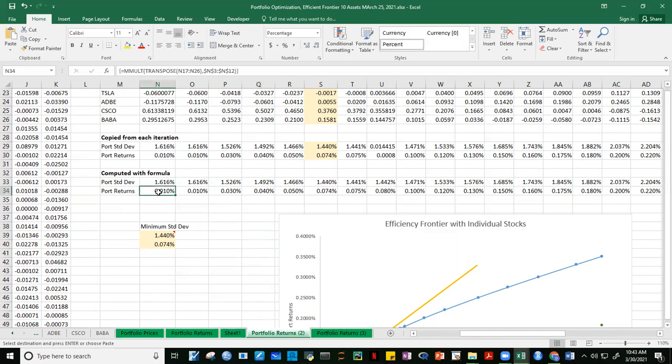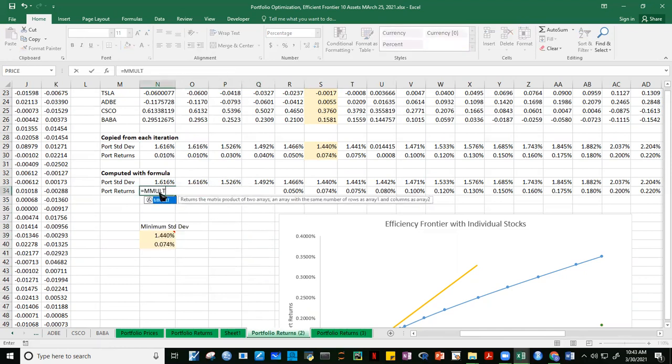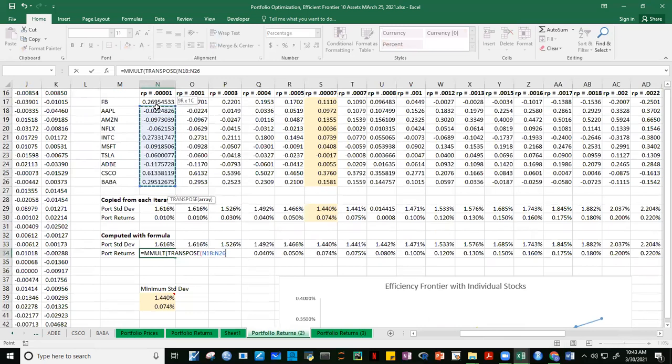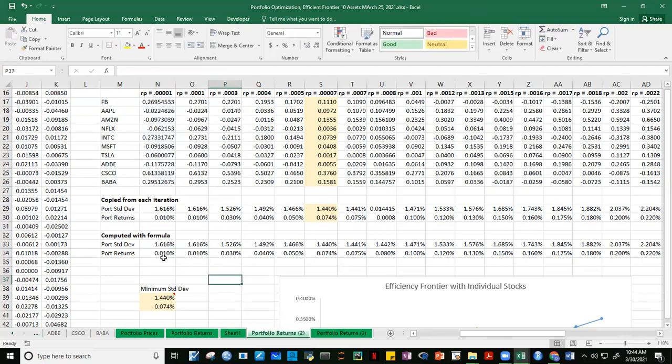Tapos ito, formula ko, M-molt ng transpose ng weight matrix natin, weight, and then the returns. Control Shift Enter. Okay, pinormula ko lang dito, Luisa, para ma-check, ma-compare lang.